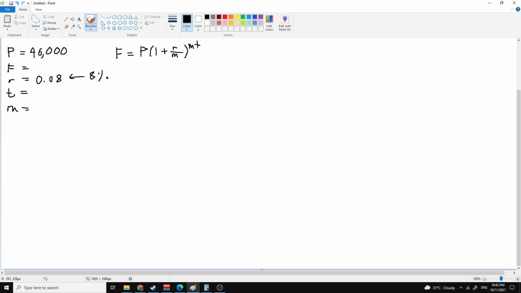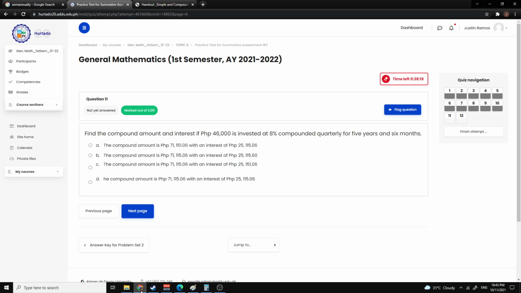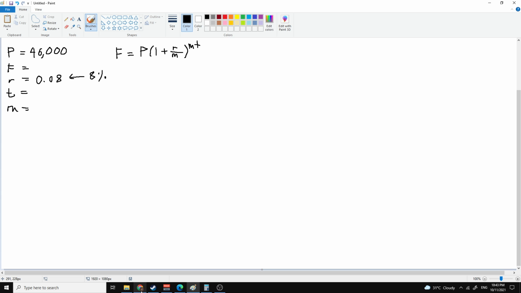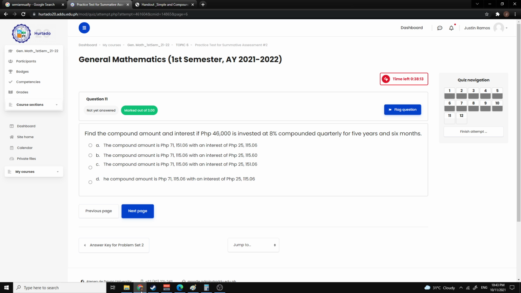If I need to clarify again, there's two decimal places. Move it 2 decimal places to the left, and then you get the decimal form of the percentage. So we have 8%. That's already done. Now, compounded quarterly.